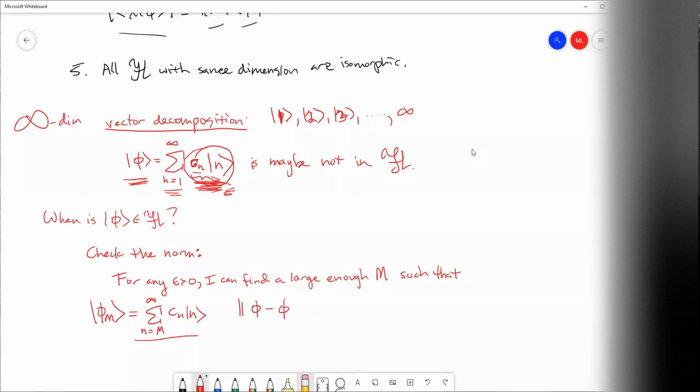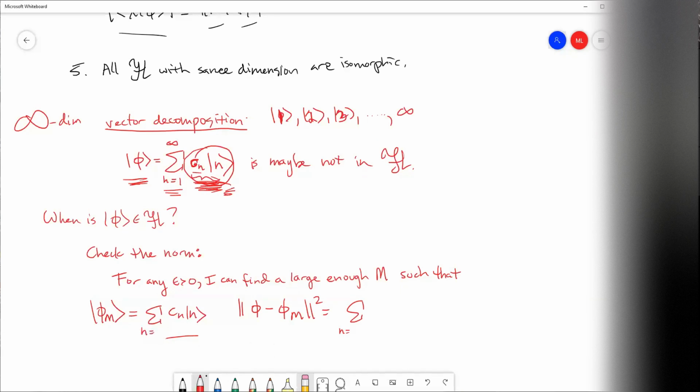the distance between phi and phi m squared, if you work it out, is just, oh, sorry, I did this backwards. Sorry, it's a little bit backwards. No, this is the first m terms.